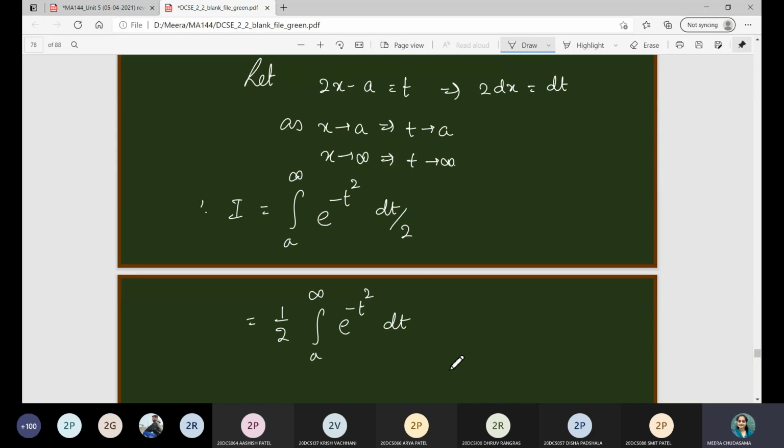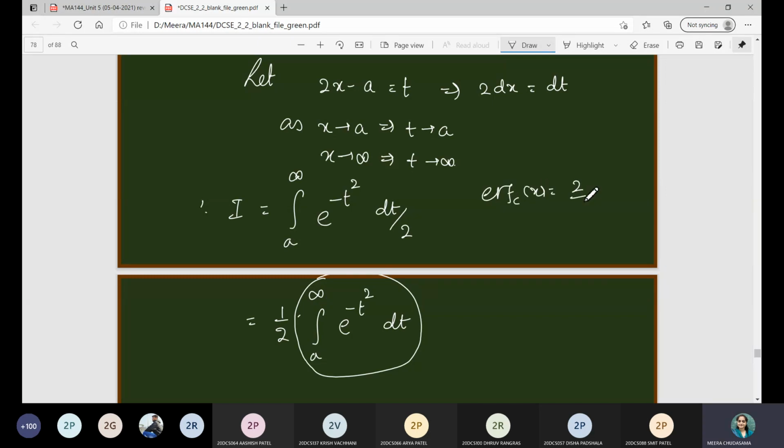But ये क्या है? What is this integral? Complementary error function. Complementary error function, but इसके साथ square root of 2 upon pi नहीं है, right? What is a complementary error function?